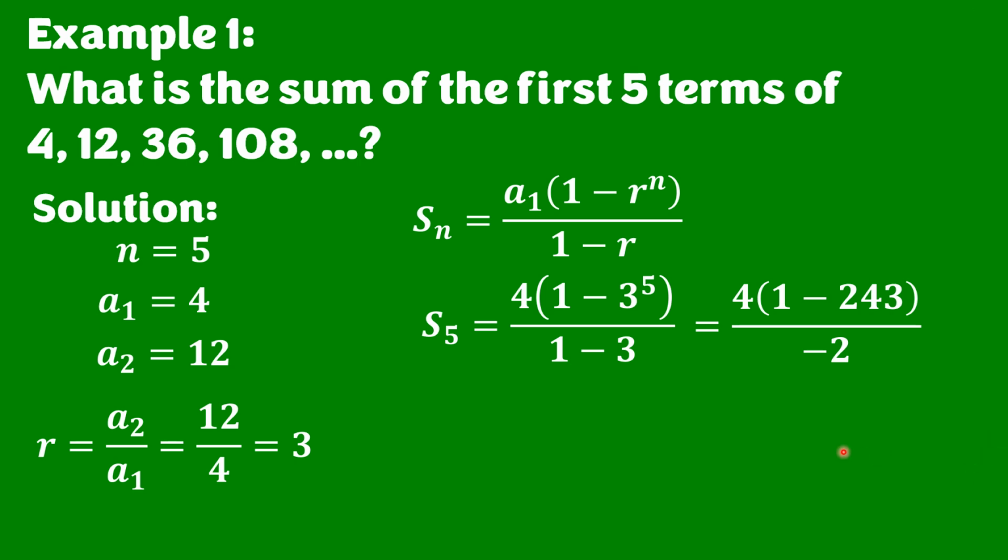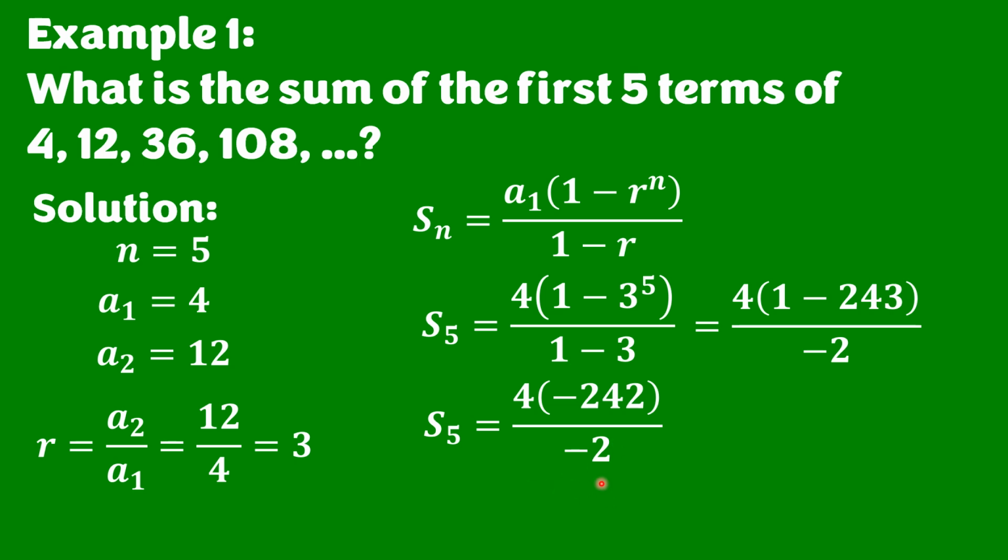After finding the value of 3 raised to 5, we're going to simplify 1 minus 243. And that is equal to negative 242. So the equation now is S sub 5 is equal to 4 times the quantity of negative 242 all over negative 2.